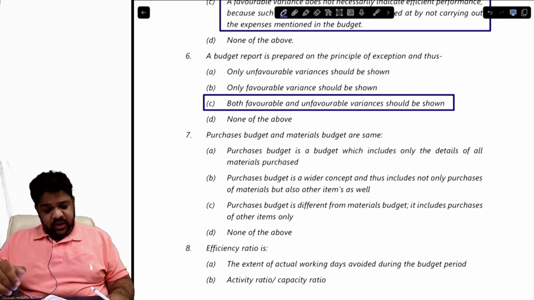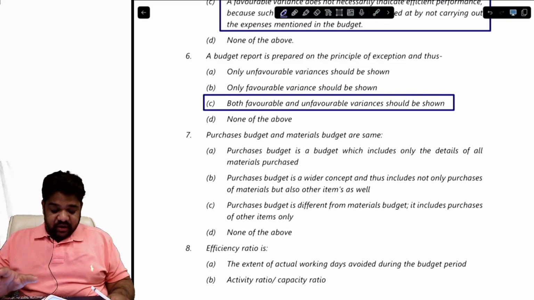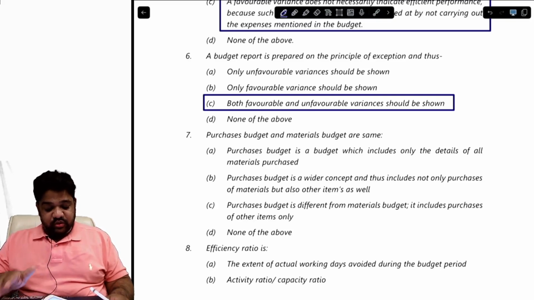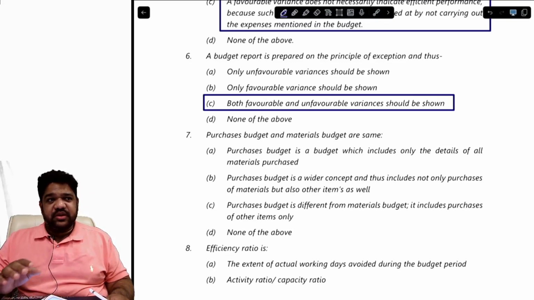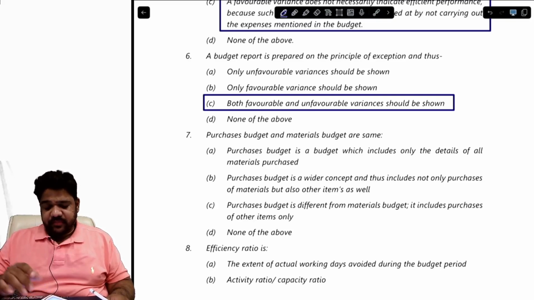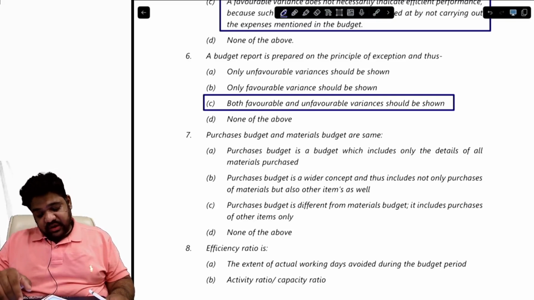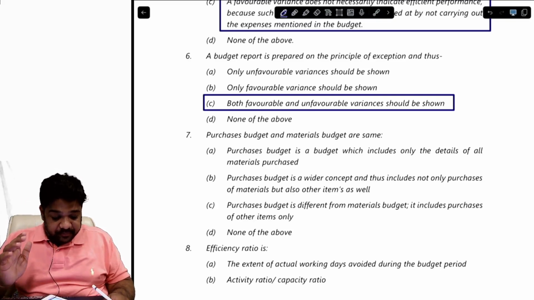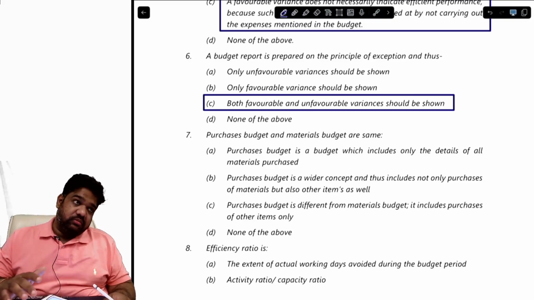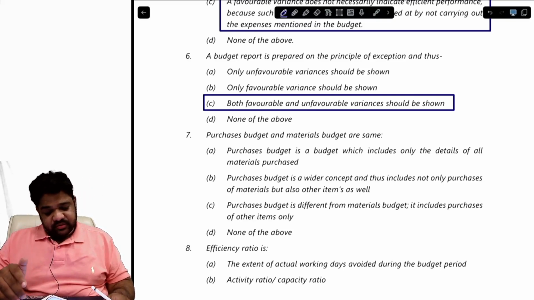Purchase budget is a wider concept and thus not only includes purchase of materials but also other items as well. That's not true. In the purchase budget you only look after the materials that you're going to buy. Purchase budget is different from material budget. It includes purchases of other items only.